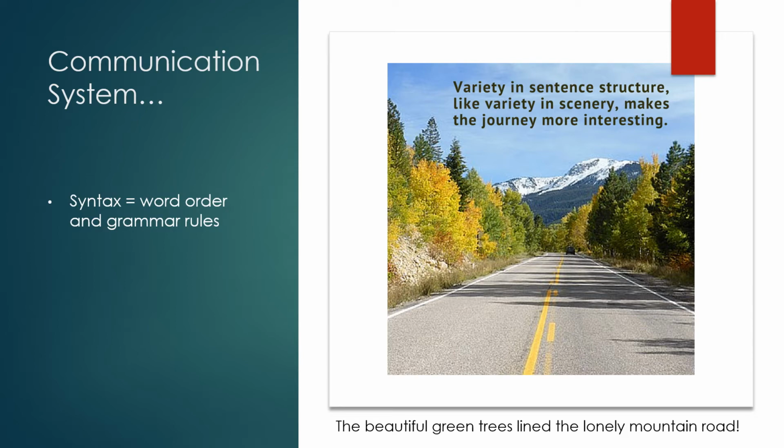We can also talk about the word order of adjectives in this sentence. For instance, why is it the beautiful green trees rather than the green beautiful trees? And we can look at some of the grammar in the sentence. Notice that the word trees has an S at the end of it to indicate the plural.